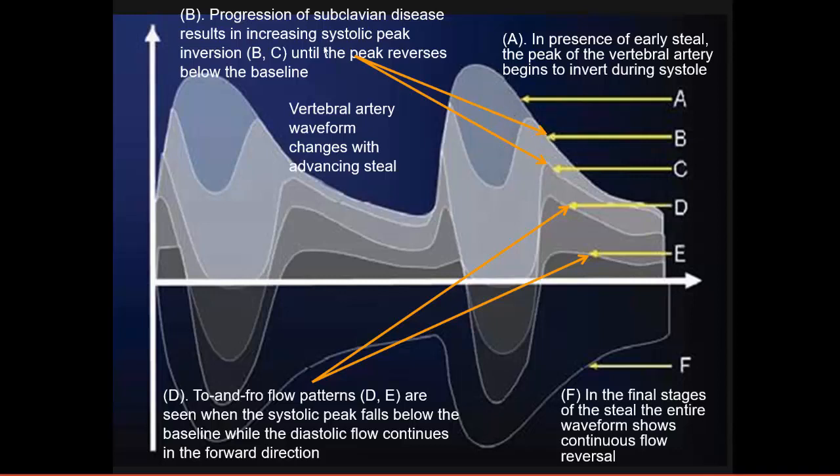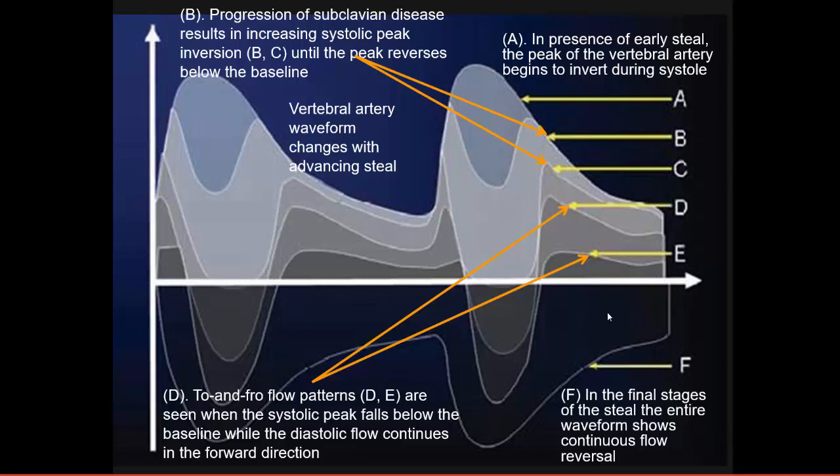Progression of subclavian stenosis results in increased peak systolic inversion until the peak reverses below baseline in the vertebral artery. To and fro flow is seen when systolic peaks fall below baseline while diastole continues to flow forward above baseline.